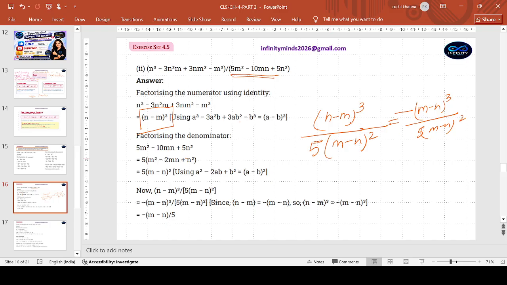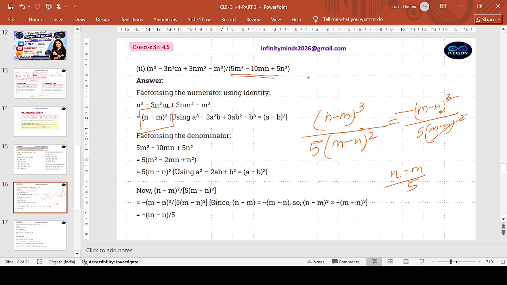Try to see. If I take a minus common, I shall be able to make it look like the denominator, (m minus n). Now out of the 3 times, 2 times it is appearing, so 2 times it will cancel and 1 time it will be left. So minus (m minus n) bracket. One can also open the bracket and call it (n minus m) by 5 will be left.